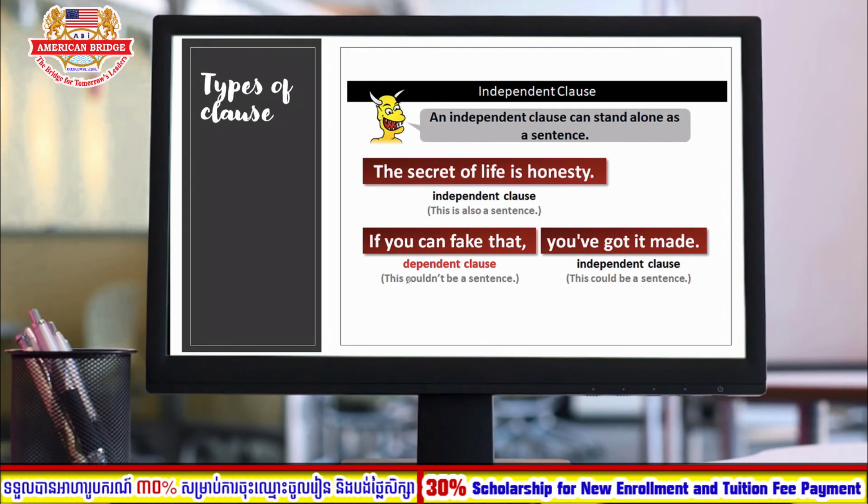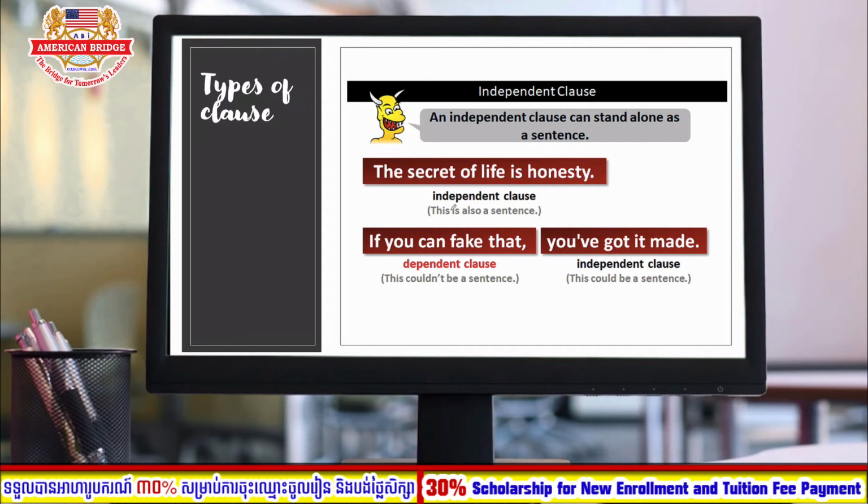So how many types of clause are there? Actually, we talk about 2 different types of clause. We have independent clause and another type of clause is dependent clause. So first, let's look at the independent clause. An independent clause can stand alone as a sentence. So if you look here, the secret of life is honesty.